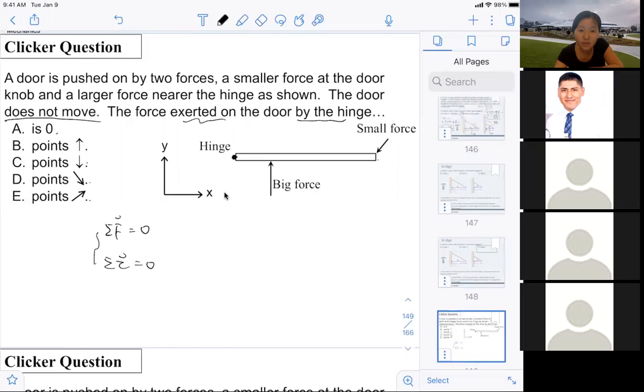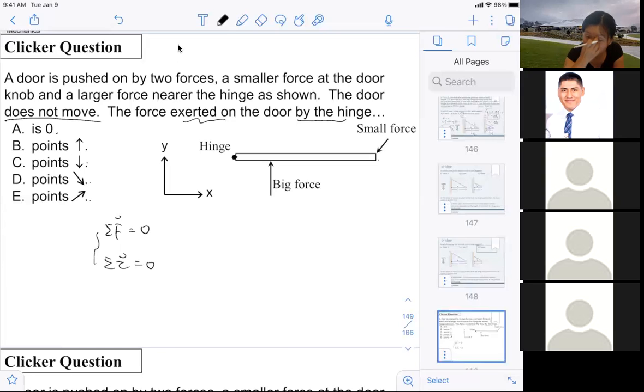Hey, hi everyone. So what do you think about this question? Let's think about it together. When we have forces in many different directions, it's always easier to break them down into components, right?